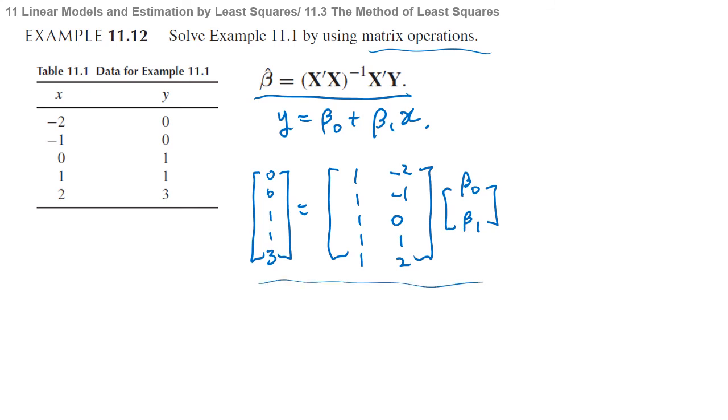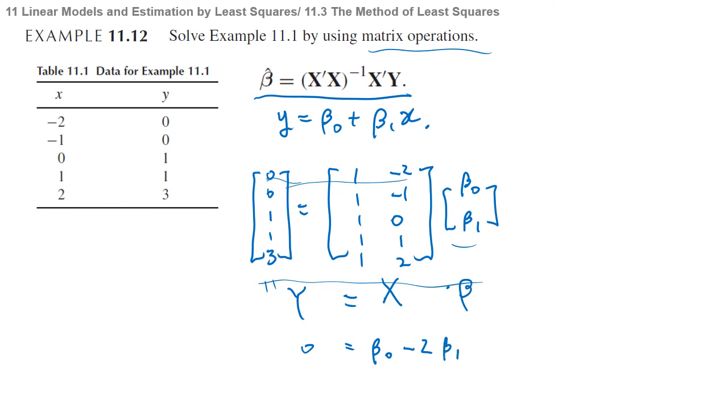Okay, so this is the expression that you have. Y equals X times beta. Y equals X beta. Okay, and if you read any line over here, like the first line, 0 equals beta 0 minus 2 beta 1.